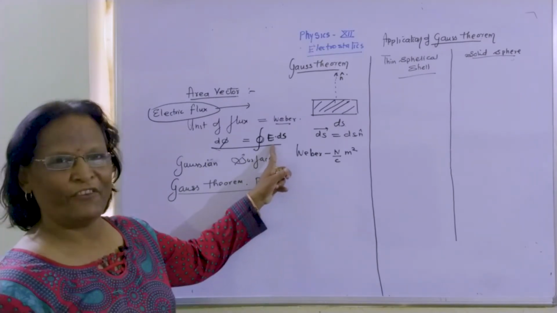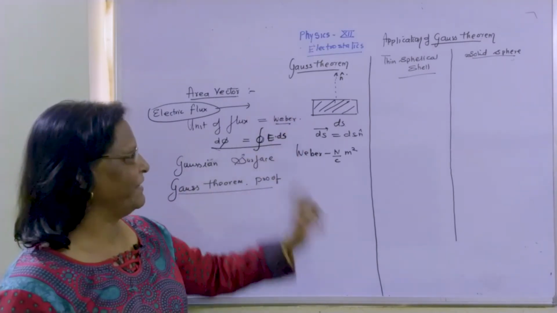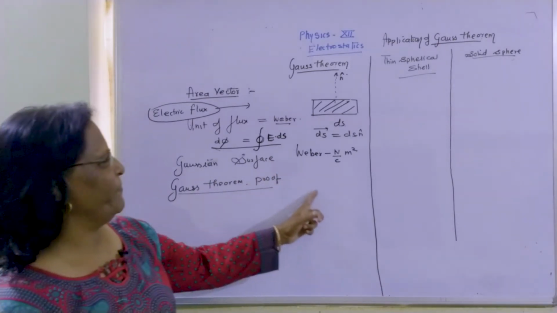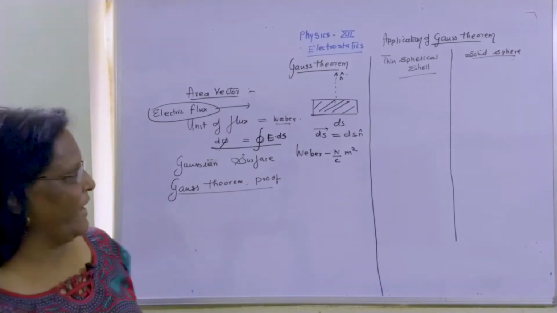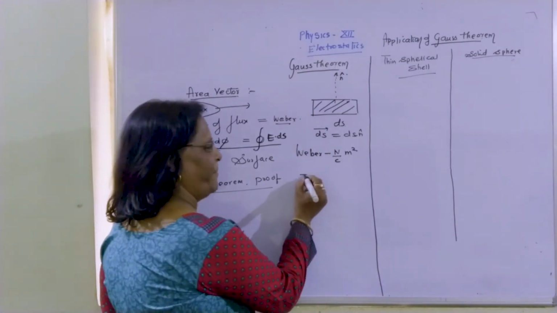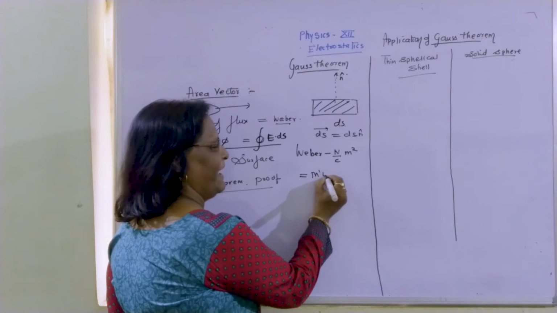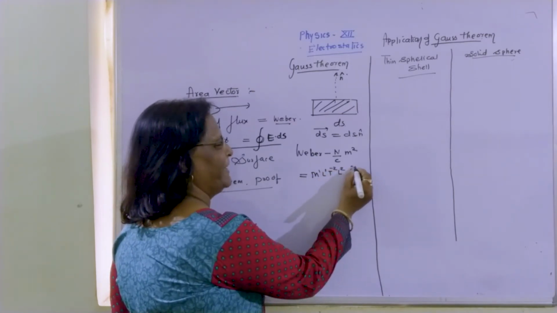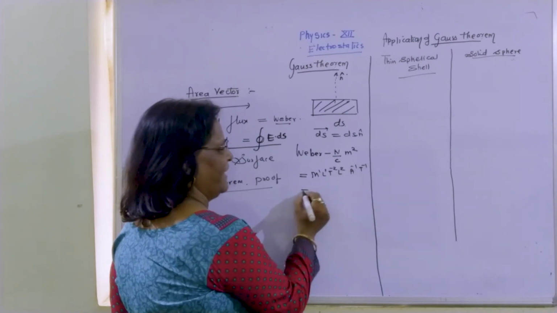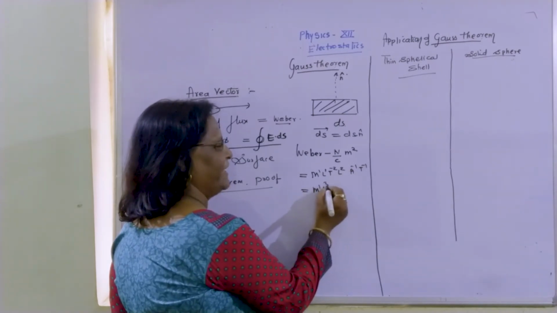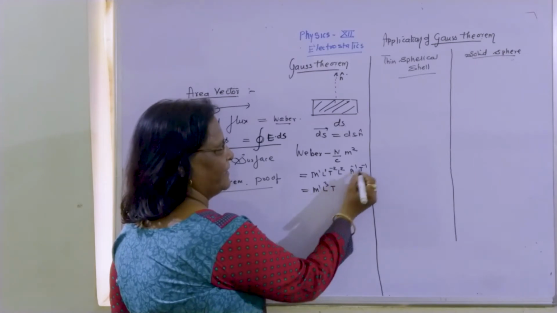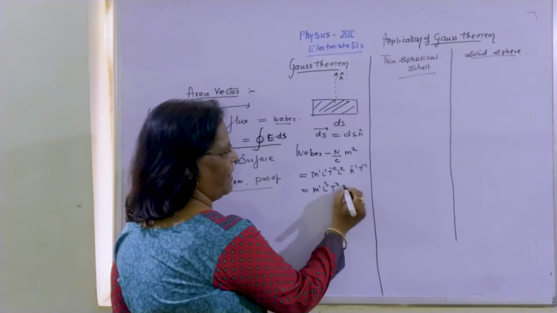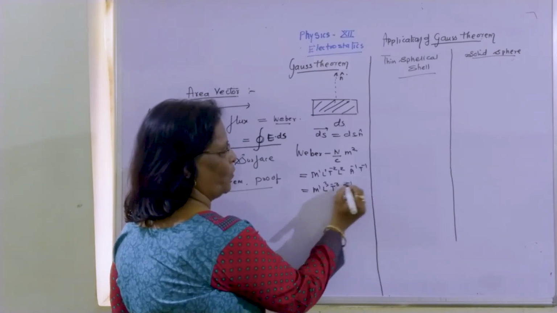The SI unit of electric field is Newton per Coulomb, and ds we are taking as meter square, so the Weber will be equal to Newton meter square per Coulomb, and the dimensional formula is M^1 L^3 T^-3 A^-1.